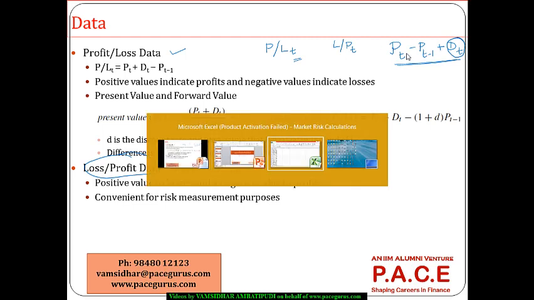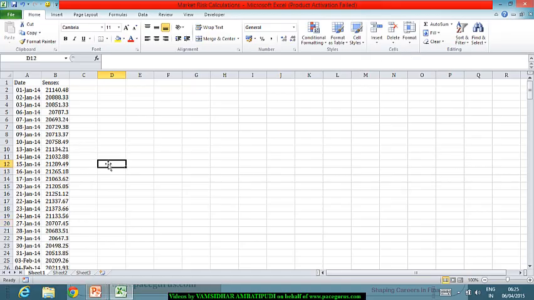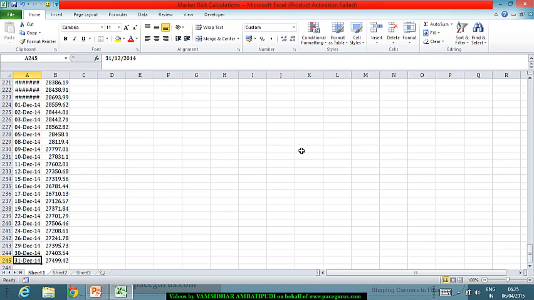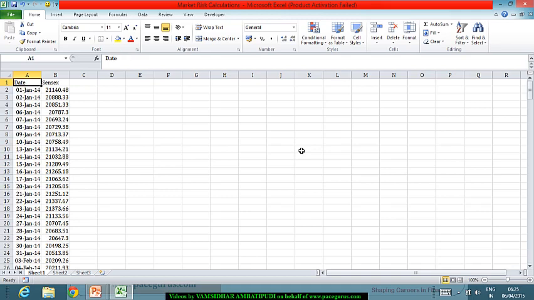So let's say in the data that I have taken, I have taken the daily closing values of Sensex, from 1st Jan 2014 to 31st December 2014. So these are the values of Sensex.